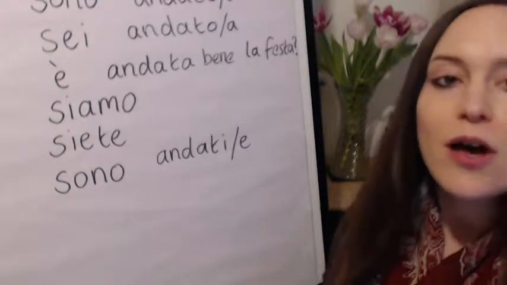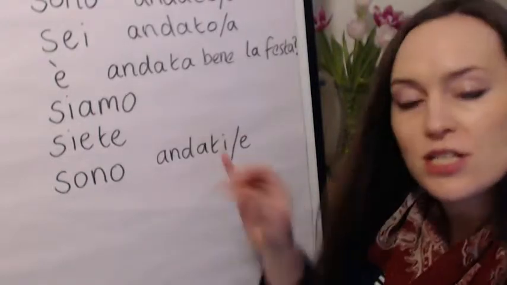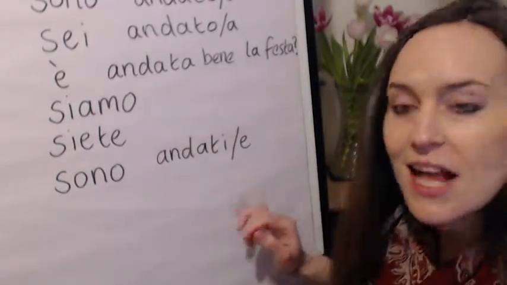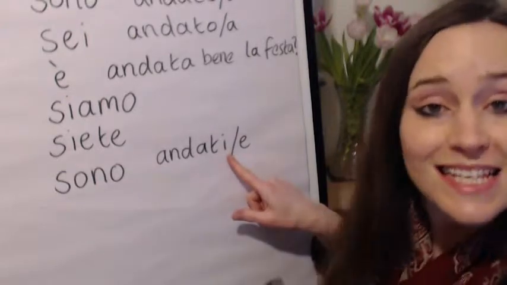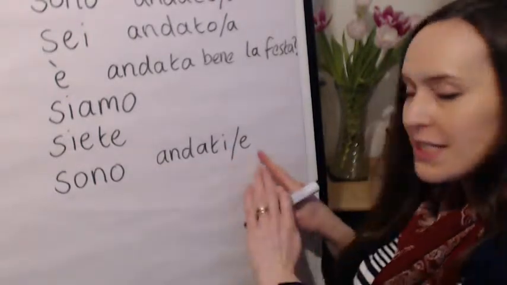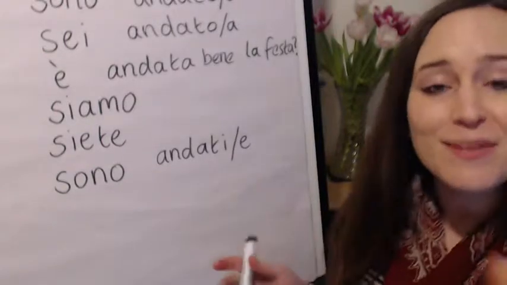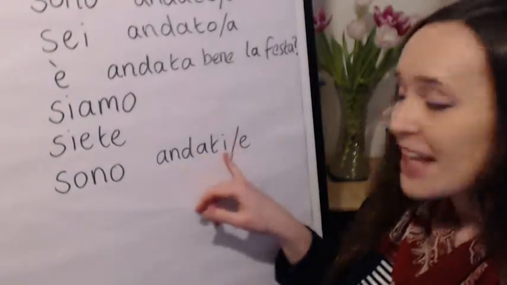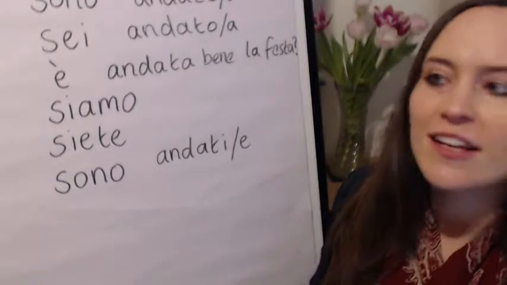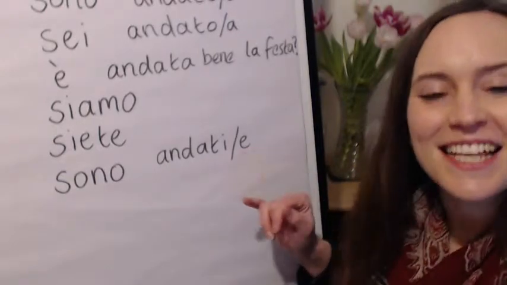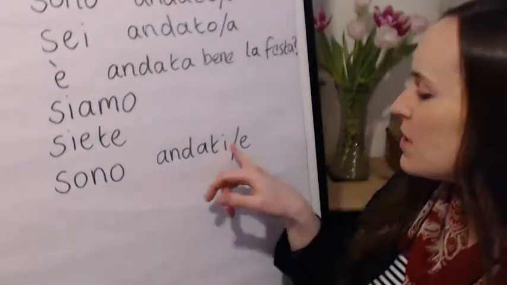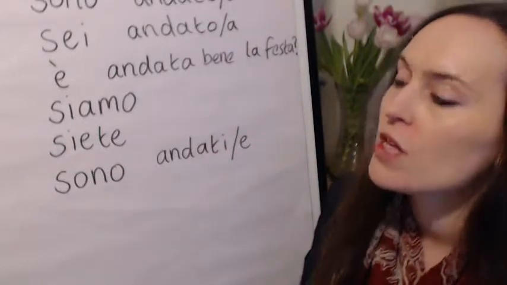So you need to know your difference between the pronunciation of an I and an E in Italian. Andati, andate, I, e. That can be confusing because, of course, E in English is an E, but in Italian when you say E, you need to be thinking of an I, okay?